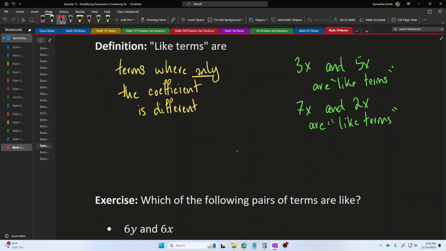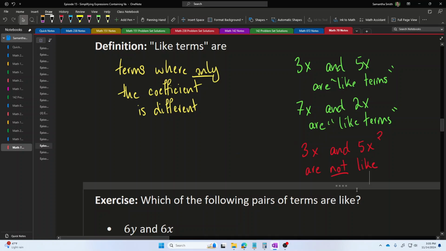However, 3x and 5x squared are not like terms, because it's not just the coefficient that's different. The number of x's is also different in these terms. One of them has an x and one of them has an x squared.